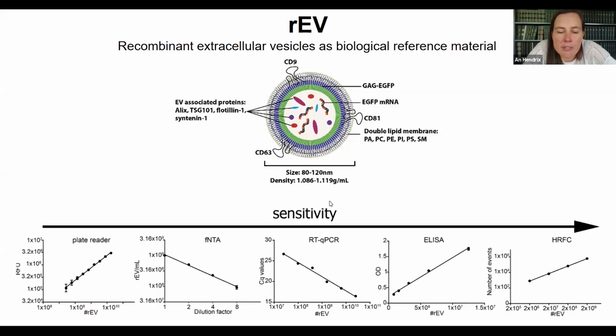Furthermore, recombinant extracellular vesicles can be quantified for their EGFP messenger RNA by qPCR analysis and also by ELISA based upon the GAG polyprotein using the p24 ELISA assay.